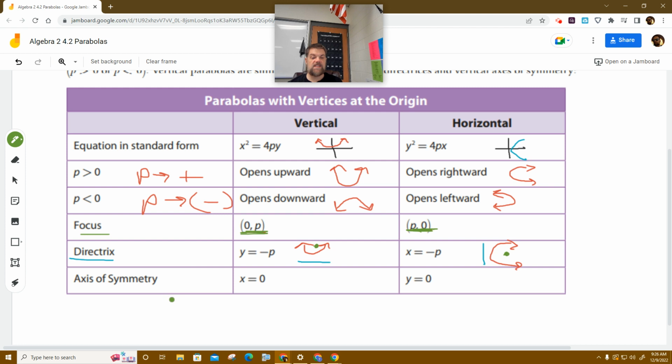And then the axis of symmetry, let's use a different color. The axis of symmetry will, in this particular case, has to be a vertical line. And as you recall, a vertical line is x equals a number. And in this case, the axis of symmetry will be a horizontal line. And as you recall, that'll be y equals a number.